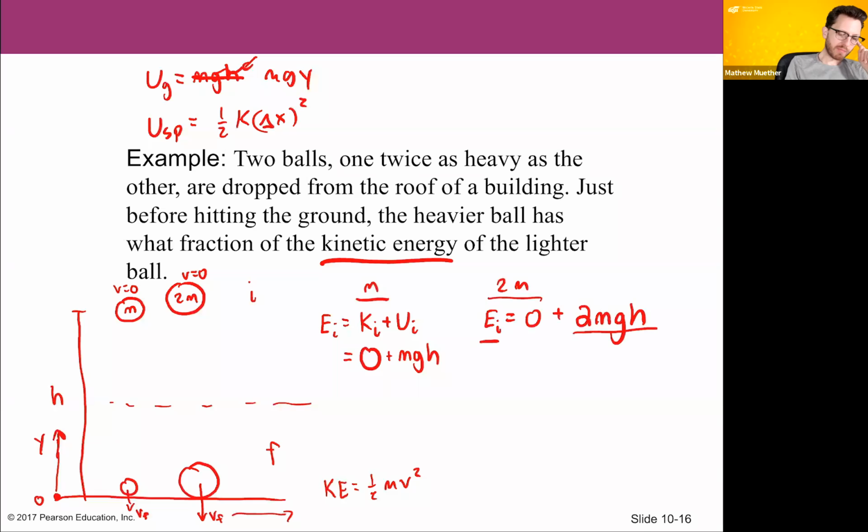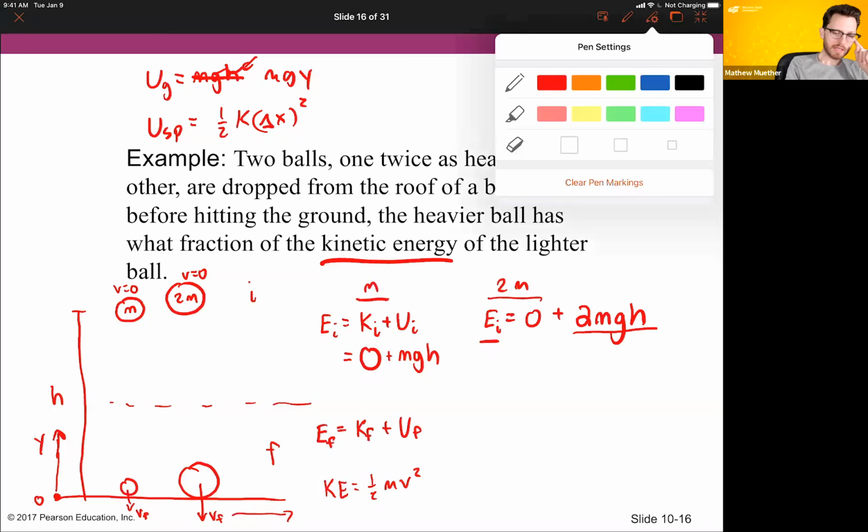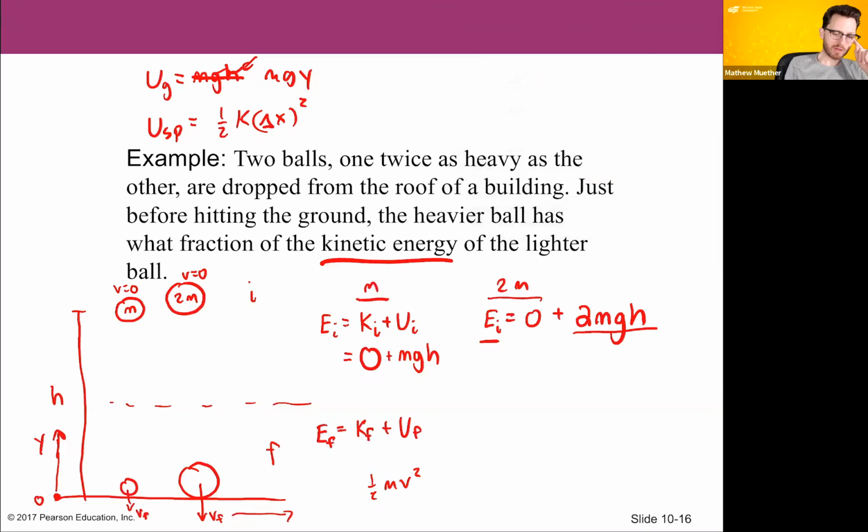Then as the system evolves, we can look at what happens in the final state. The final energy is the sum of the final kinetic energy plus the final potential energy. The final potential energy in the coordinate system we've chosen is just going to be 0, because it's at the origin that we defined.